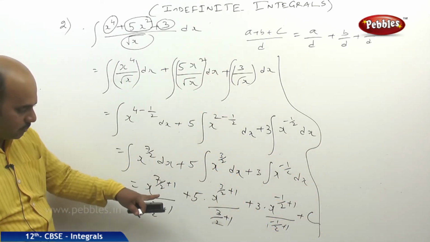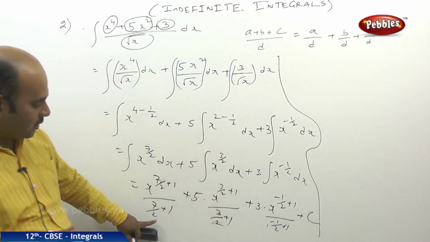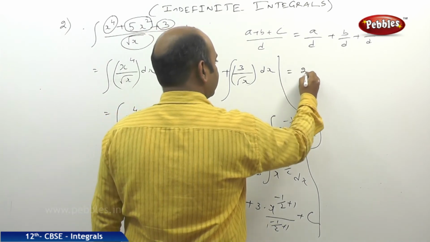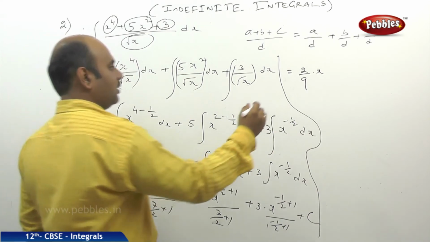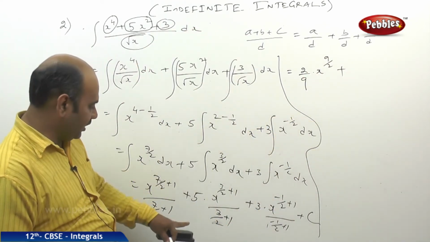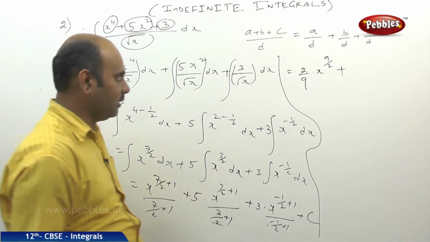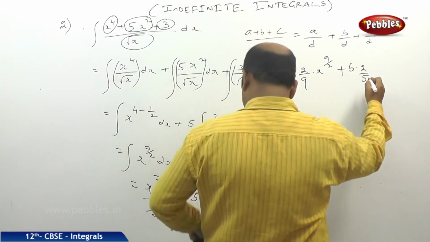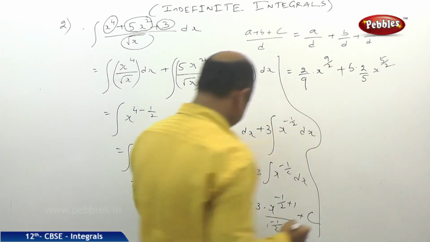x power 7 by 2 plus 1, 7 by 2 plus 1 means 9 by 2, and the denominator is also 9 by 2, going up means 2 by 9. So we get 2 by 9 x power 9 by 2 plus, again, here 5 is there and here 3 by 2 plus 1, 3 by 2 plus 1 means 5 by 2. So 5 into 2 by 5, and here x power 5 by 2.